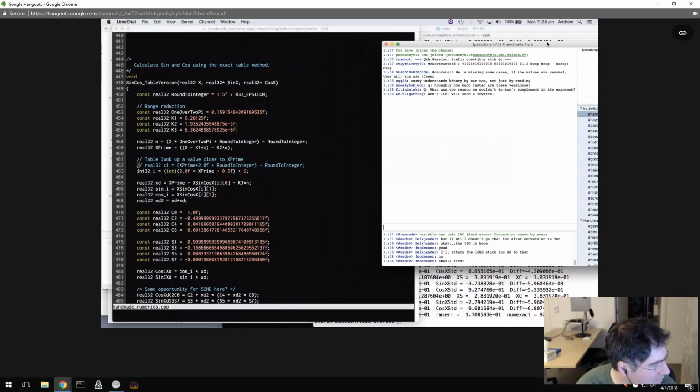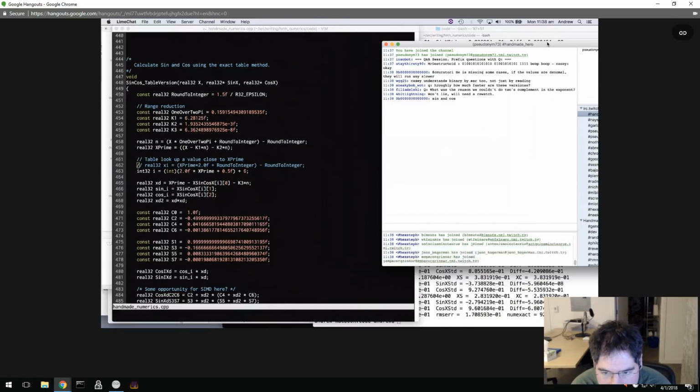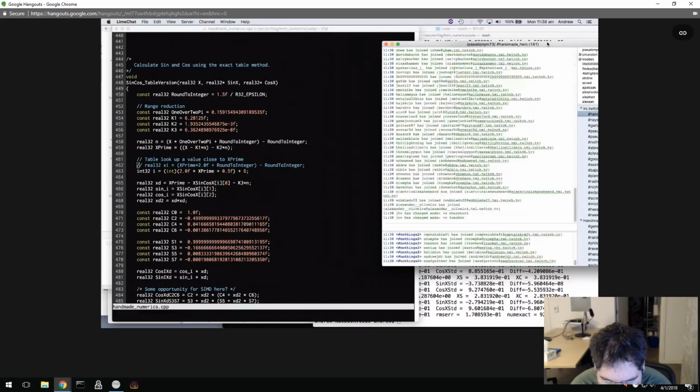Okay, what was the reason we couldn't do 2's complement in the exponent? The reason we don't is so that if you fill a block of memory with zero bytes and then read that as a floating point number, you get the number 0.